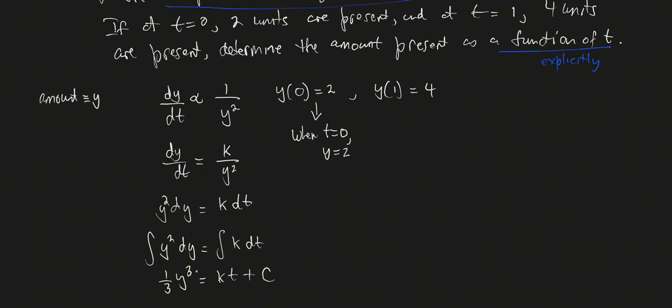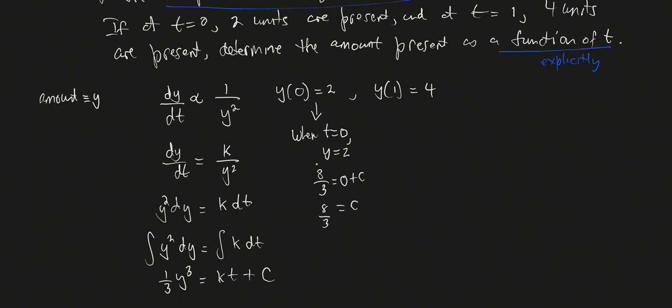So I'm going to plug 2 in here. So I'm going to end up with 8/3 on that side. And then when t is equal to 0, it eliminates this term, right? So we simply have 0 plus c. So our constant of integration is 8/3.